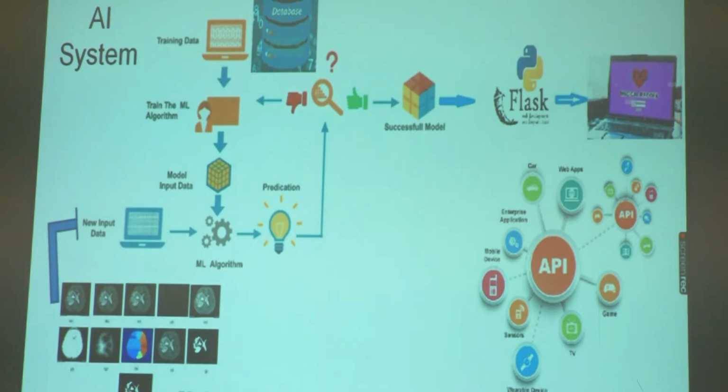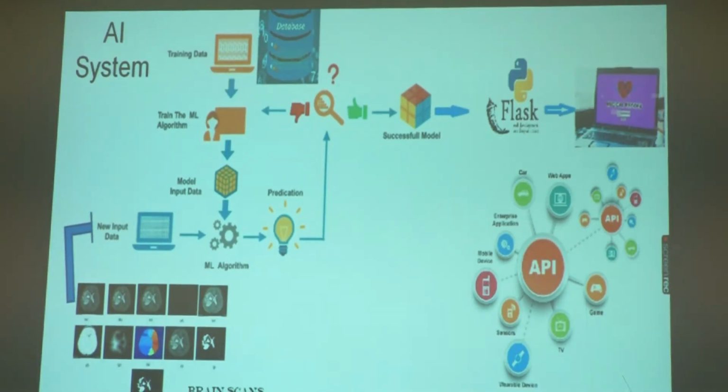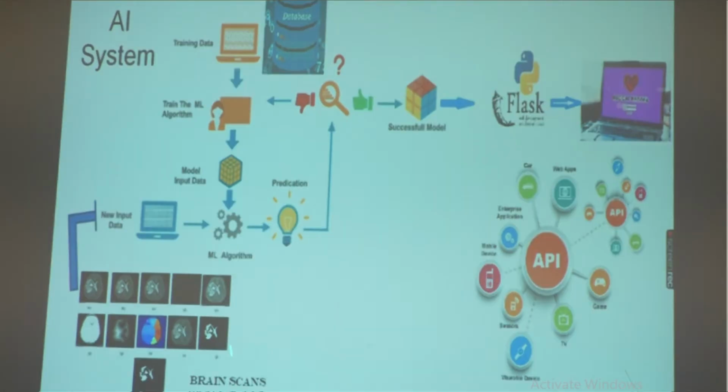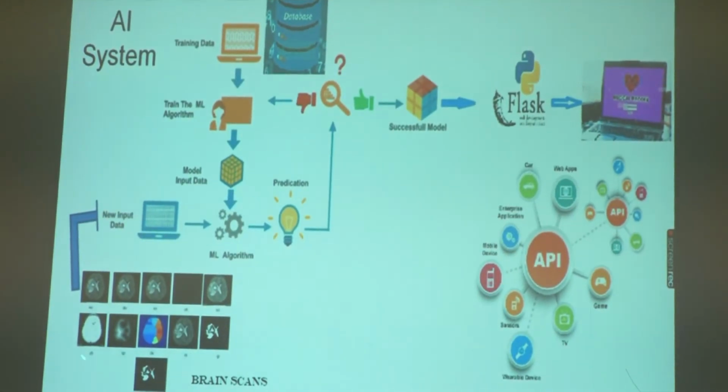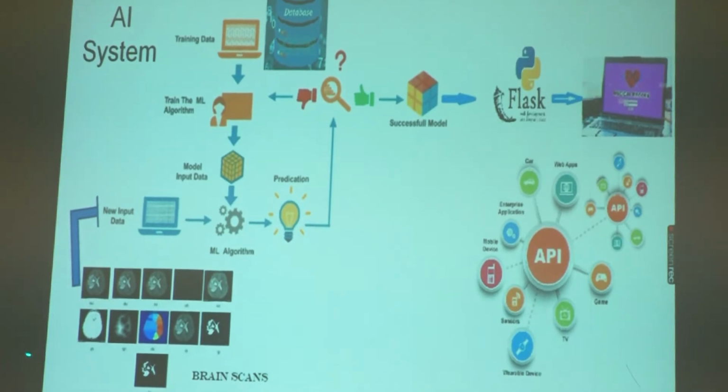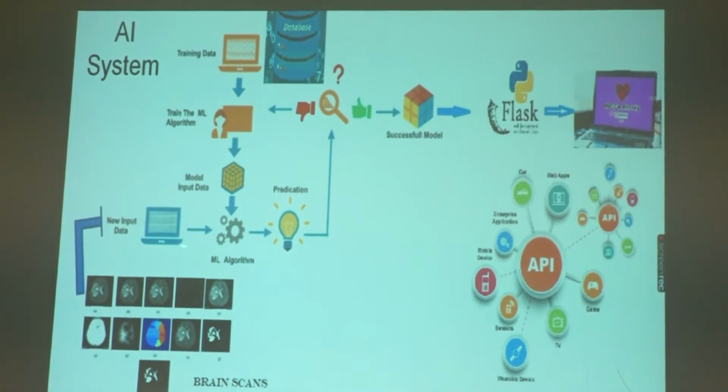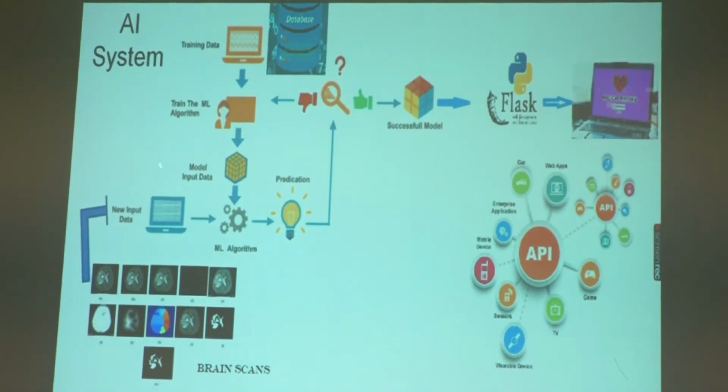Yes. Can you see this? Can I design an AI system? This is the database where I have the data set. I am giving the images as input to the machine learning algorithm and training.